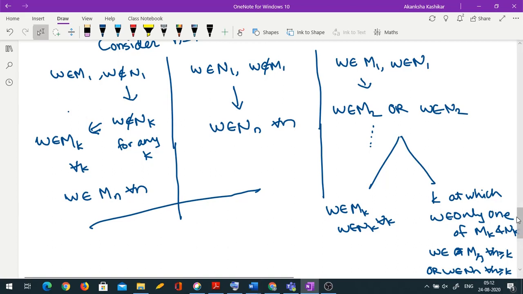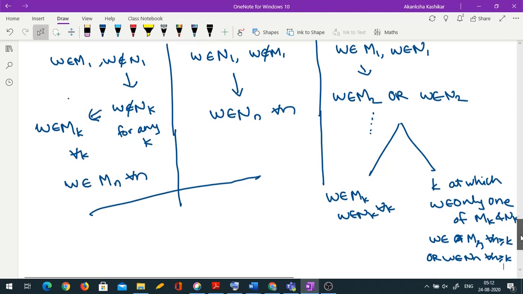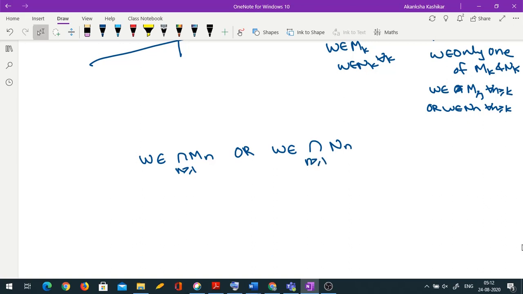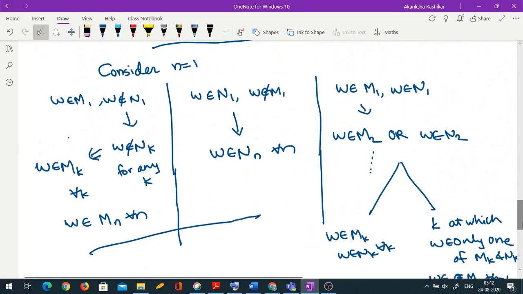So what does this mean? This means that in every case omega is either in the intersection of Mn for every n greater than or equal to 1, or omega is in the intersection of Nn for every n greater than or equal to 1. Getting my point? Let us check once more.